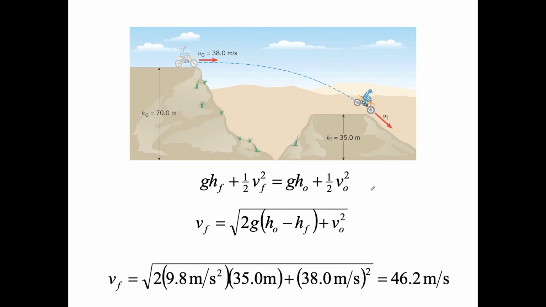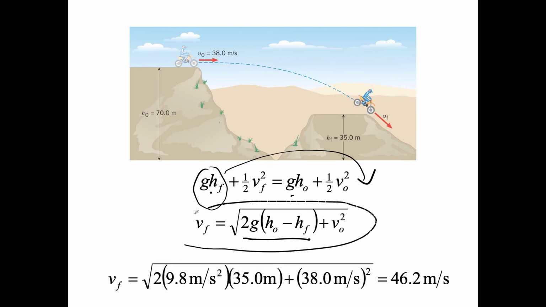We move everything to this side, then these two terms combine, then multiply everything by 2. That's the final velocity in terms of initial height, final height, and initial velocity. Plugging in all the numbers, we found the speed of the motorcycle is 46.2 meters per second.